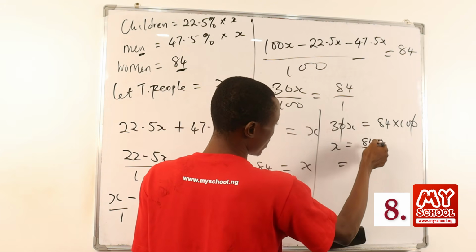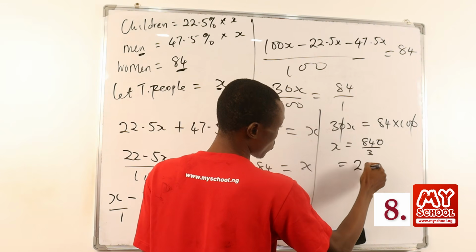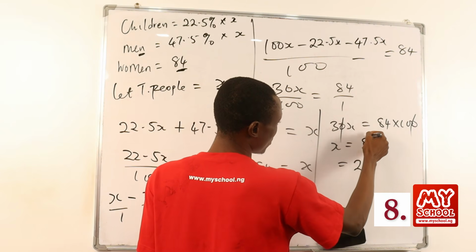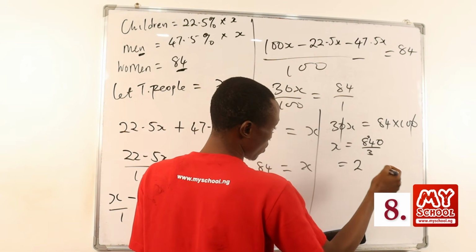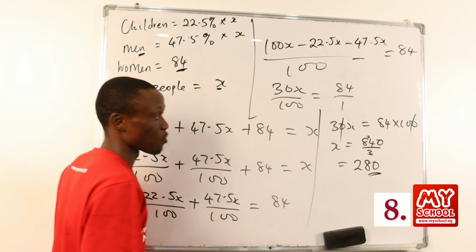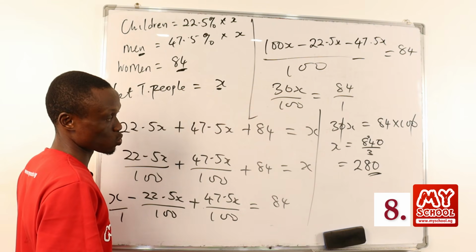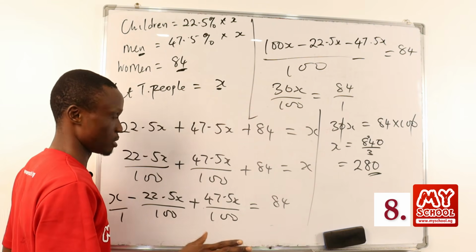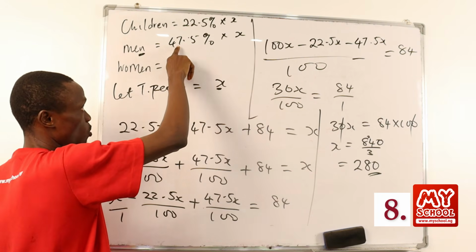So let's divide. How many 3 is in 8? That will be 2, remainder 2. Then how many 3 is in 24? That will be 8. Then there will be 0. So the total number of persons in the hall is equals to 280, right?